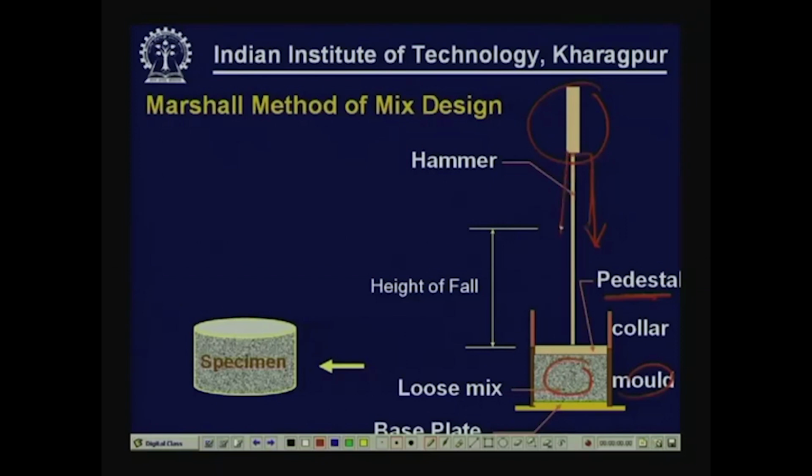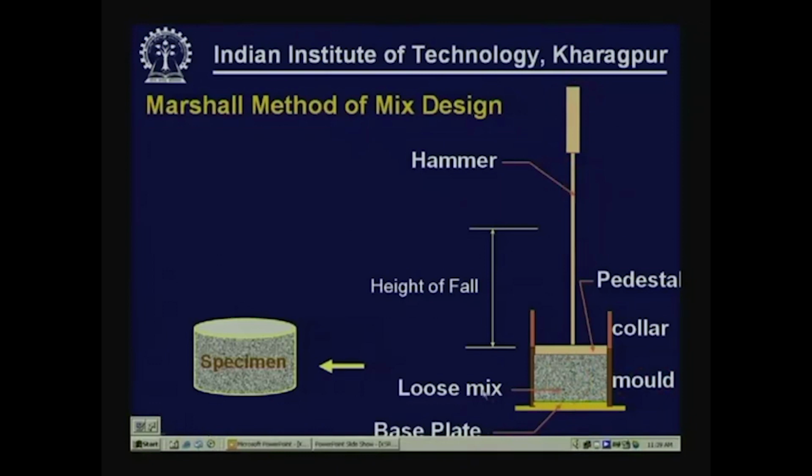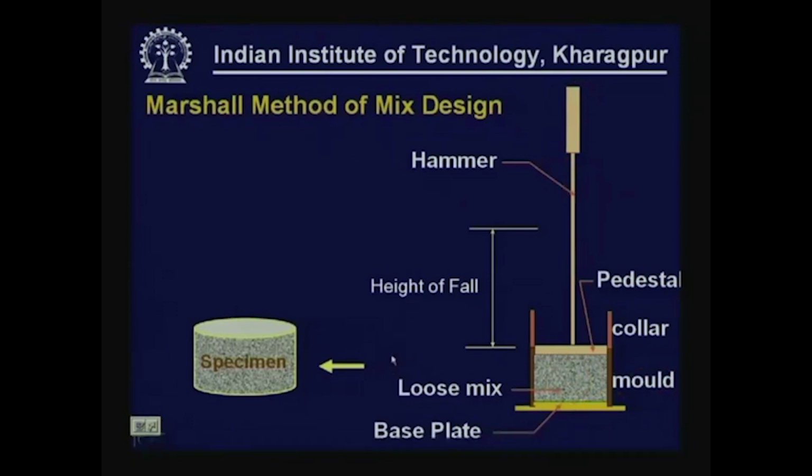So, we have the hammer here, and this is the height of fall, and below this there is a base plate. Yes, we see the hammer here now. So, we also see the height of fall. So, the hammer will be lifted up and allowed to drop freely, and this exercise is repeated a number of times.